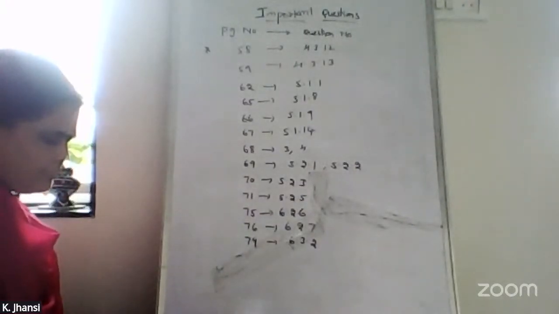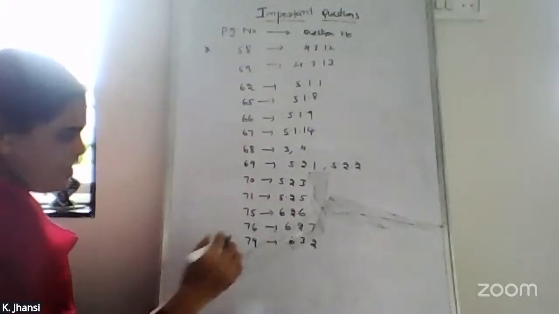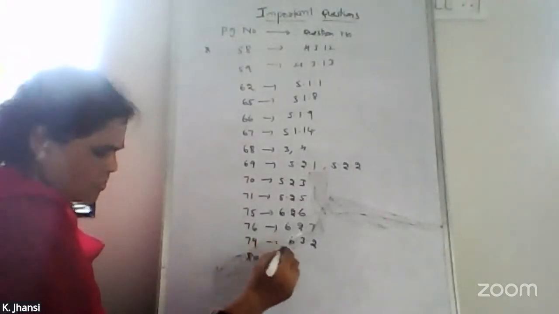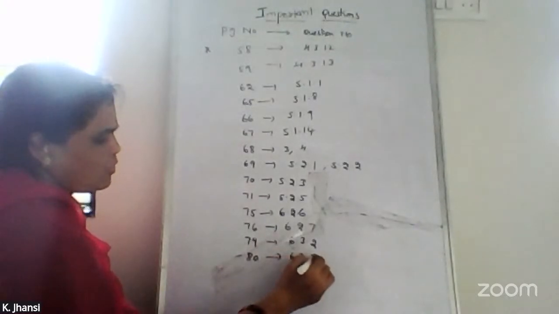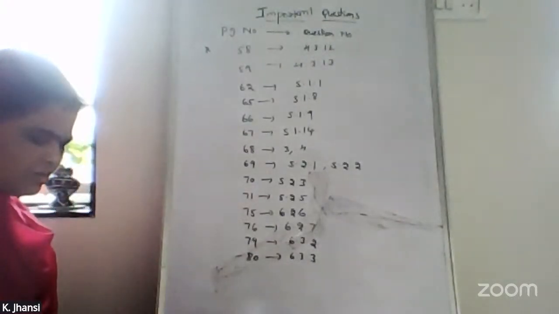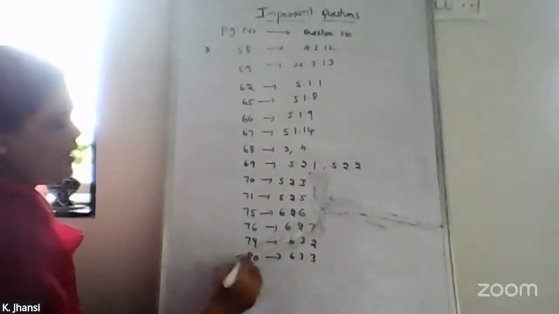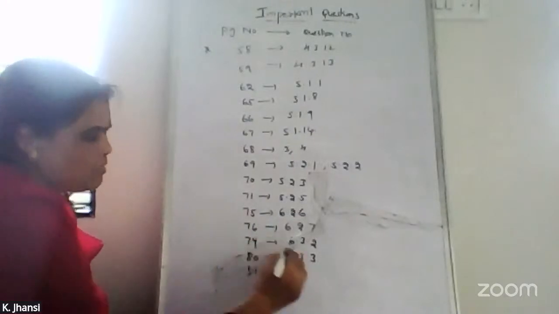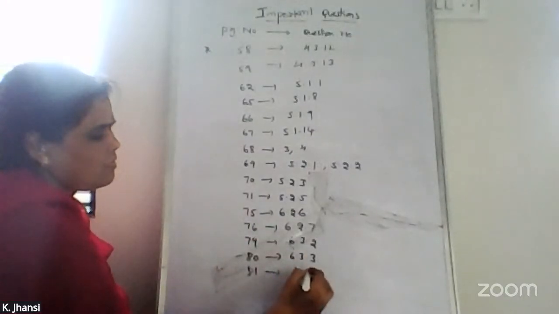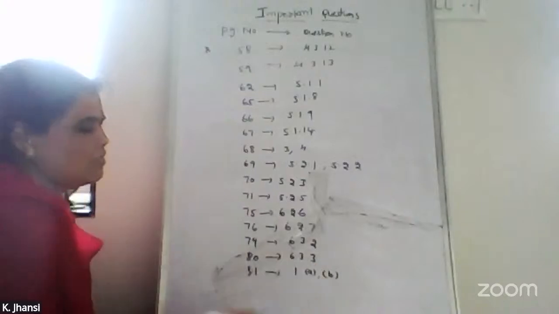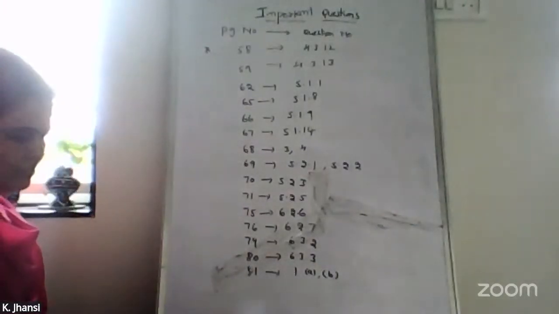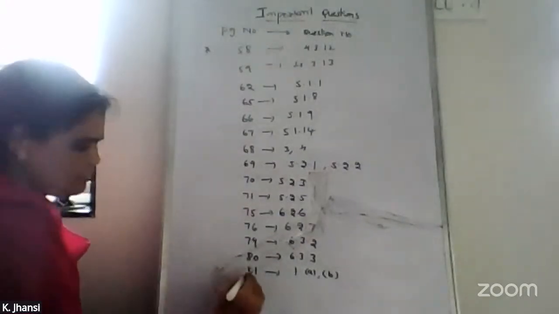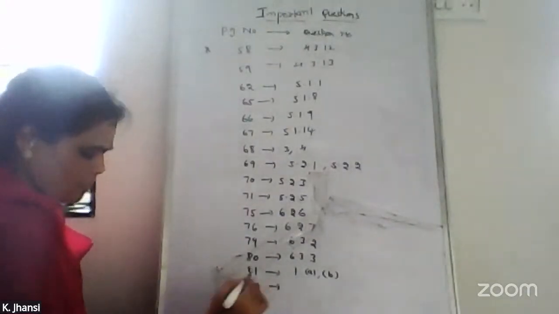And 80, 6.3.3. And page number 81, first one, the gamma.